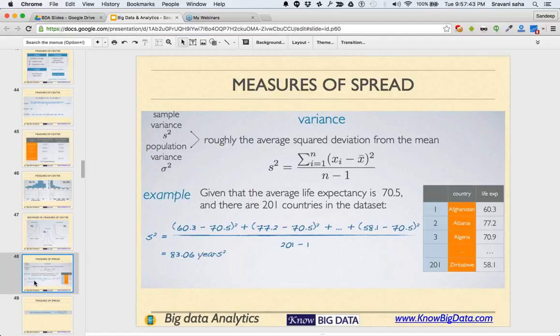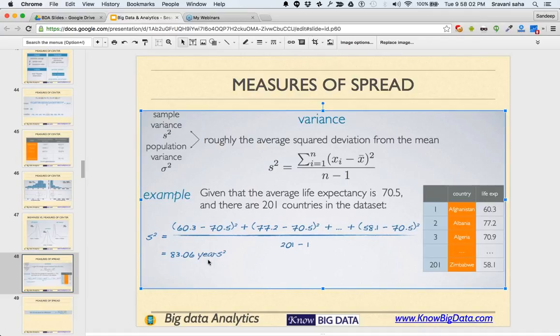So you compute the average and then you subtract the average from each of the values. After subtracting, you square it, sum it up and divide by the total number of countries. This is called variance. It's represented as s square, and if you square root this number, we will get the standard deviation.